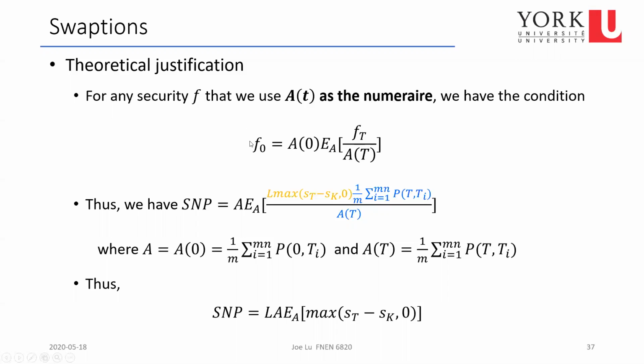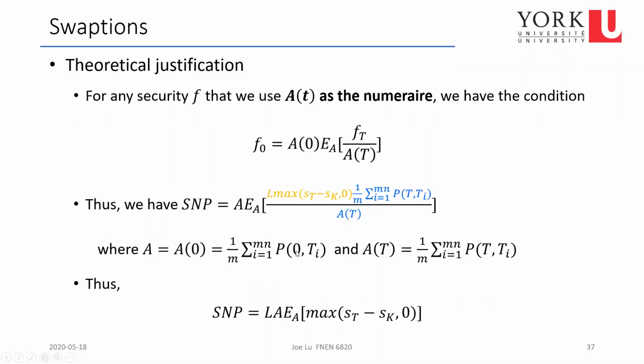Now, if we substitute the payoff of the swaption here as the F_T, which we can do, the initial value of the swaption, which is this F naught here, is equal to this, where A naught is basically just the A here, which is this annuity factor.